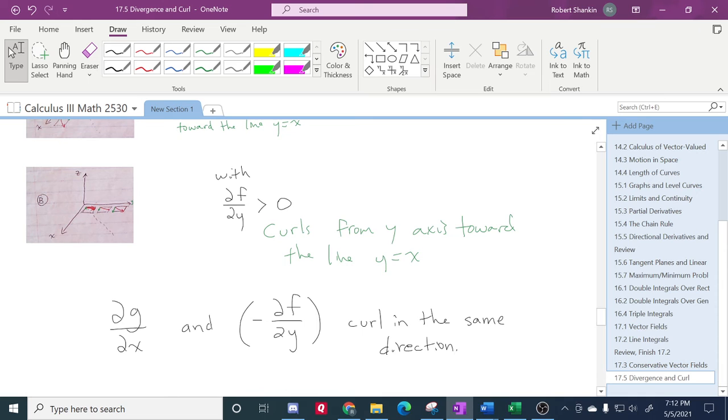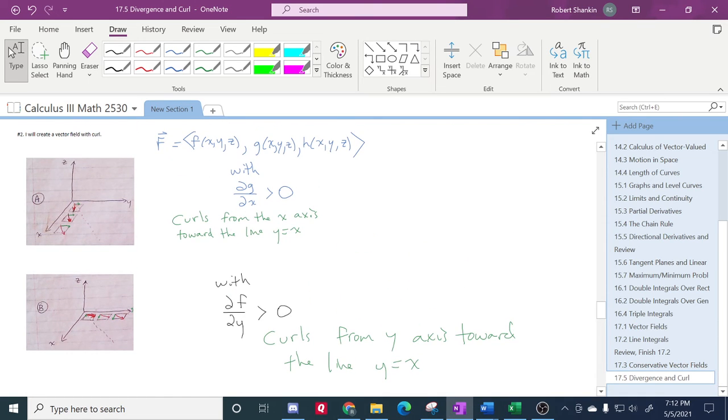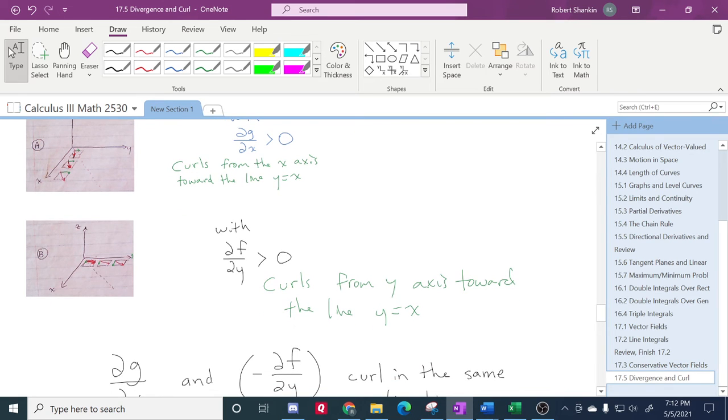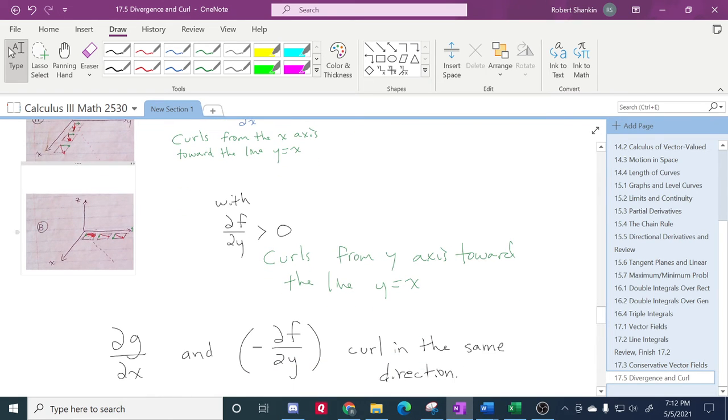The partial g with respect to x, when that was positive, we curled towards the line y equals x. Partial of f with respect to y curled in the opposite direction, from the y-axis toward the line y equals x. One was curling clockwise and the other counterclockwise, or however you see that. So if you take the negative of the second one, then instead of going this direction, it'll curl that way. So to get them to go in the same direction, I put the negative sign on one of them.